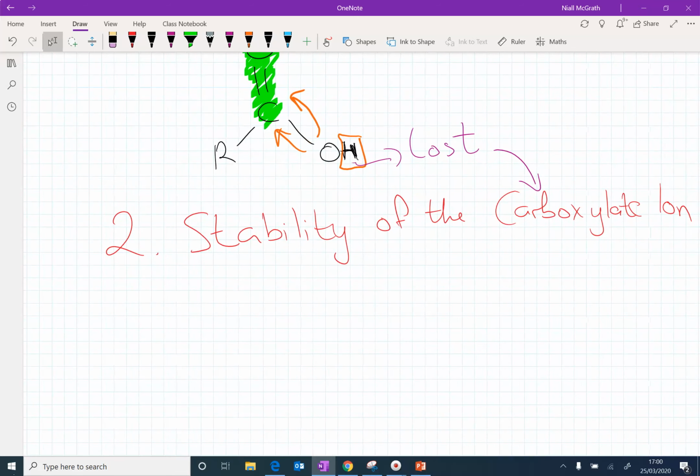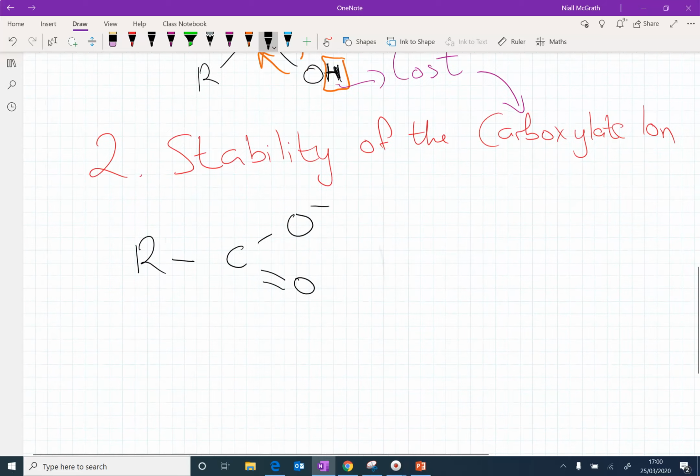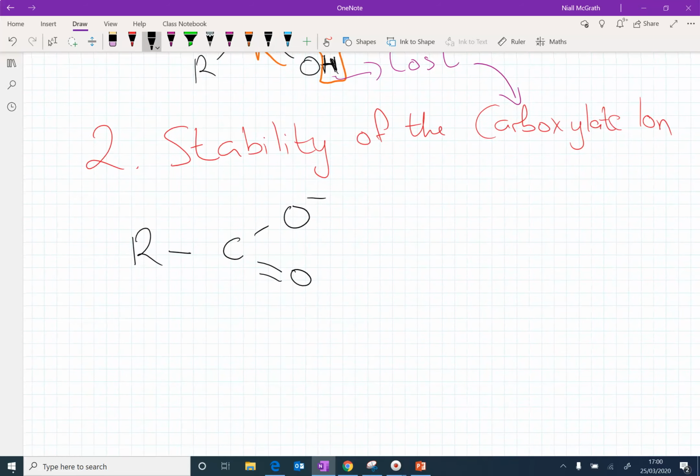If we look at the stability of it, it is stable because it has resonant structures. Okay, so one resonant structure is this. Another resonant structure can be this. So it doesn't matter. The double bond can be the top one up here, or it can be the bottom one down here.